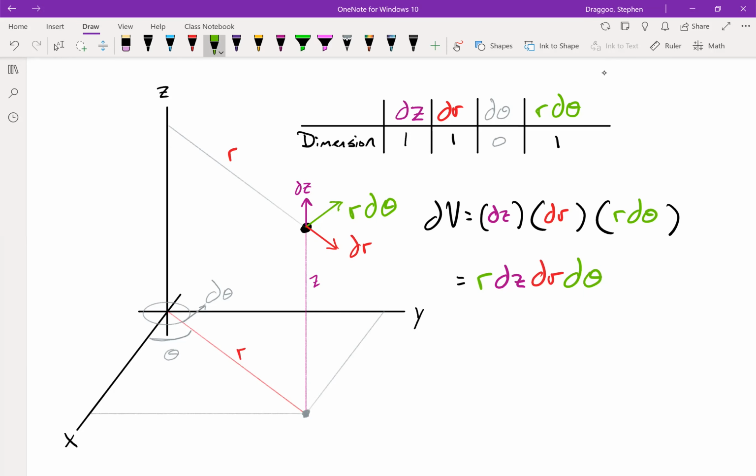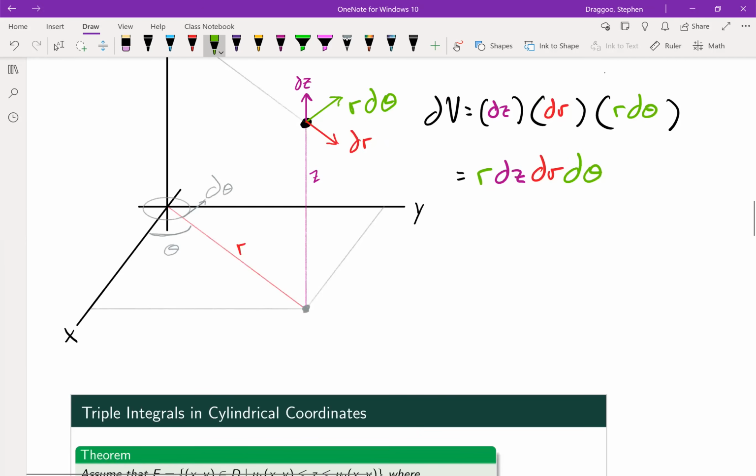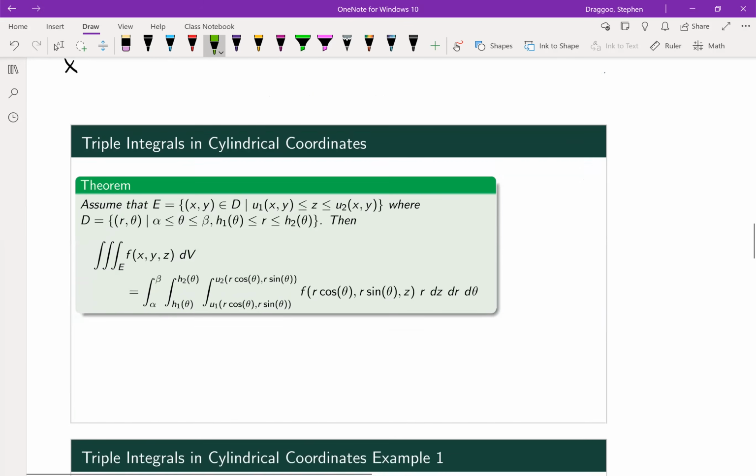So just like in polar coordinates, that r is going to show up when we bring in a factor. When we replace our dV for cylindrical coordinates, there will again be an r that we have to multiply in along with our integrating factors. So if we take this down to triple integrals in cylindrical coordinates, we should see once again that we have this r show up in our dV.